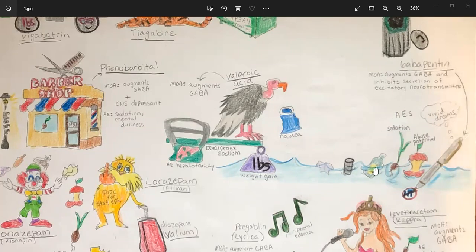This also augments GABA and inhibits the secretion of excitatory neurotransmitters. So that's why there's a little NT for neurotransmitter, and it's crossed out, it's being inhibited. Gabapentin's adverse effects are sedation, abuse potential, and vivid dreams.